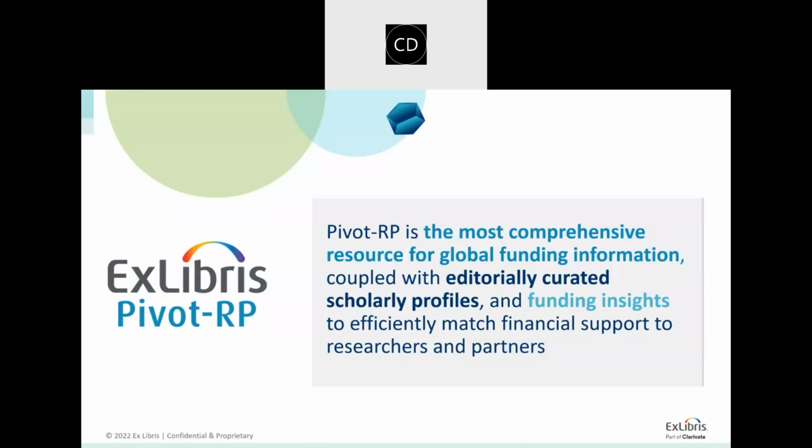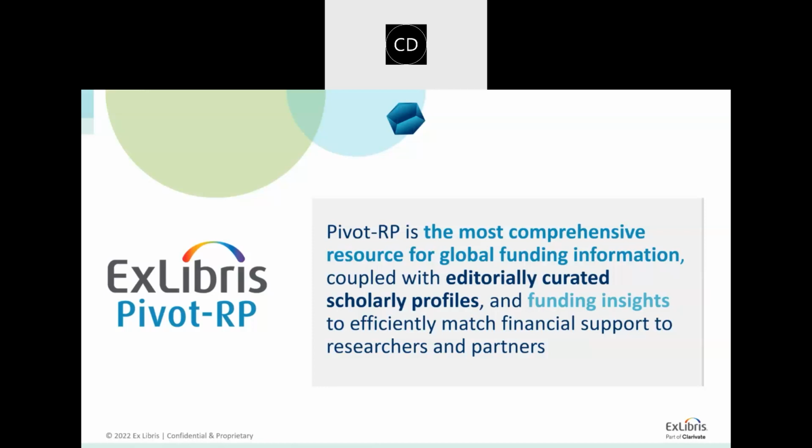This is in the form of this product called Pivot RP. And Pivot RP is the most comprehensive resource for global funding information. So this platform currently is not subscribed by Mahidon University yet.